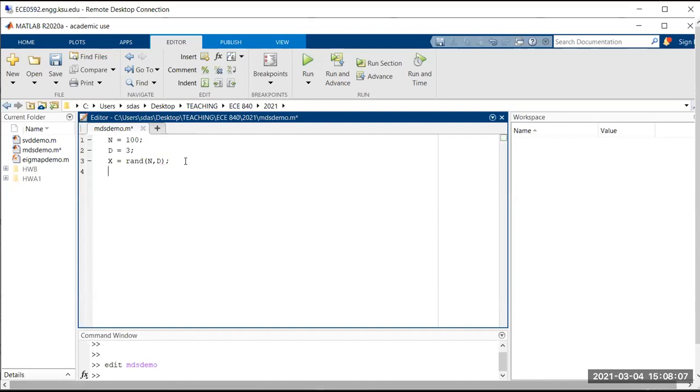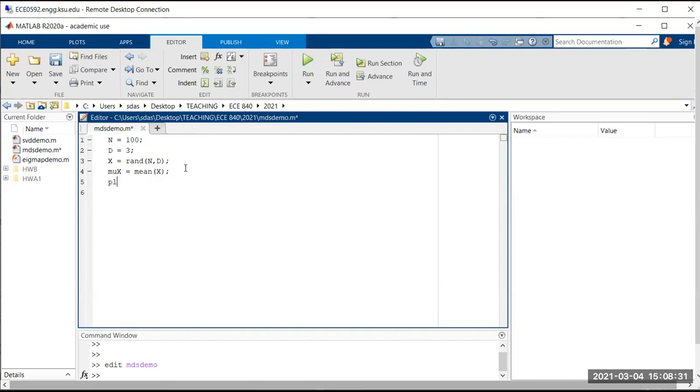So this is my x, and then let's plot them. Let's compute the mu. Mu of x is equal to mean x.